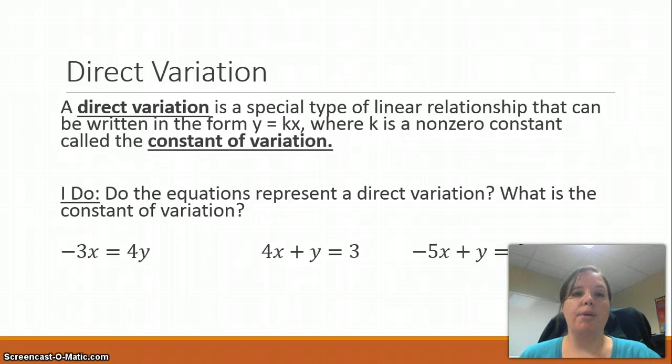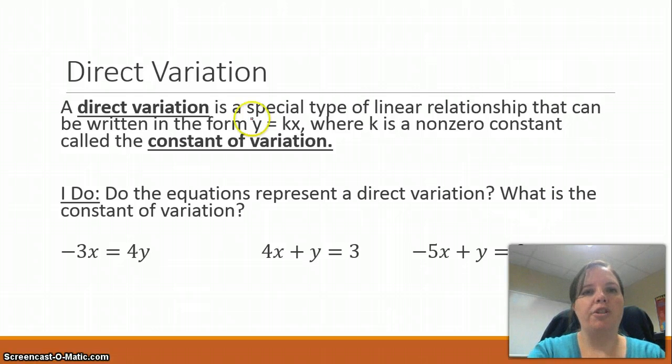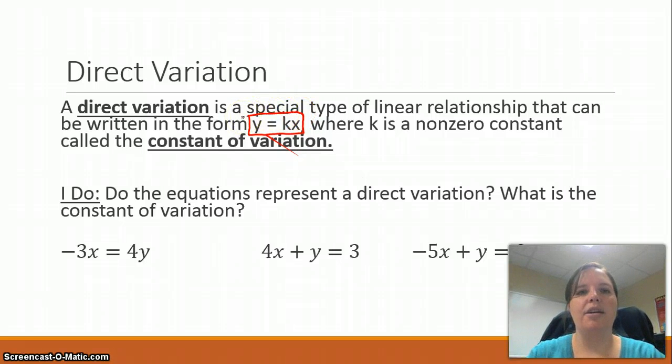So this represents a direct variation, and a direct variation is a special linear relationship. You want to make sure you get this down, this general form. The general form of a direct variation is y equals kx. So the direct variation can be written in this form.